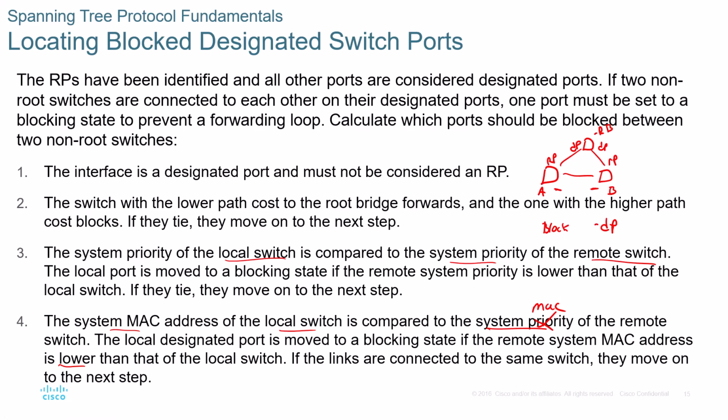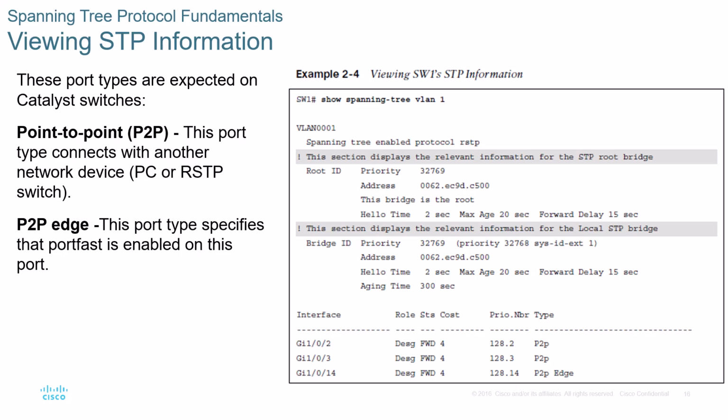So after we do that, we have to verify the information. So here we have our spanning tree on VLAN 1. So we can see a P2P or we could see a P2P edge. So these port types are expected on our switches. So we should have an area for our root ID, and you should see that they show the priority.